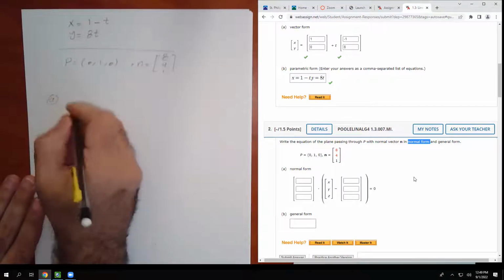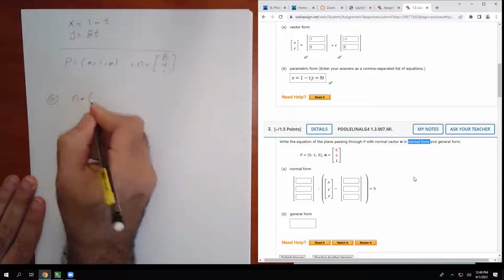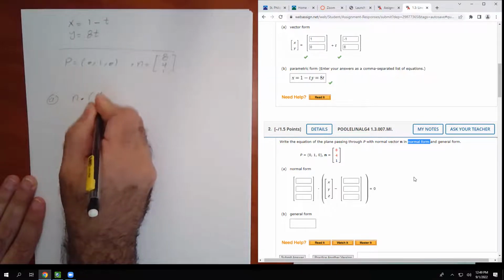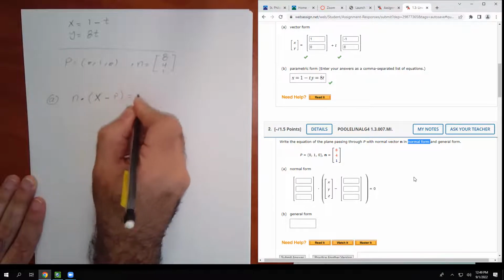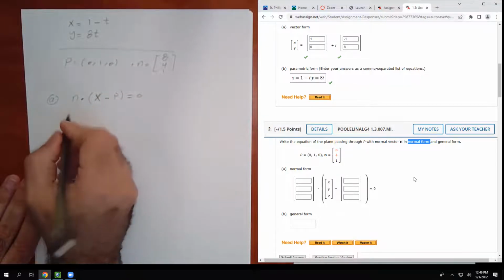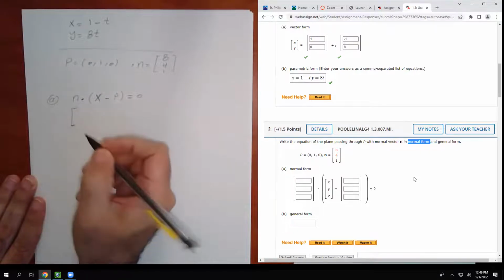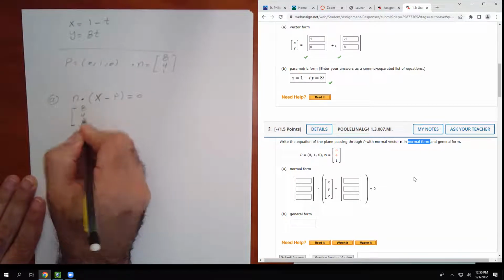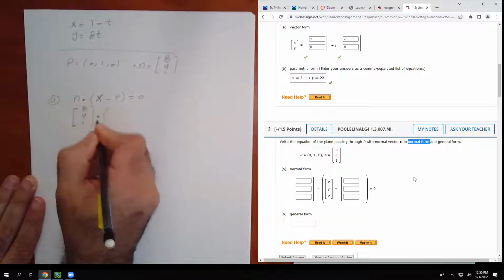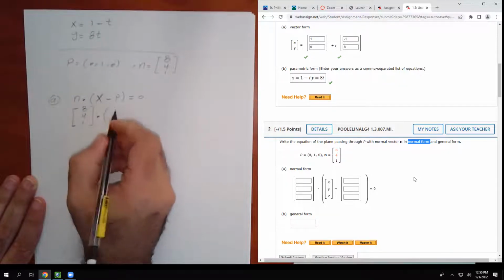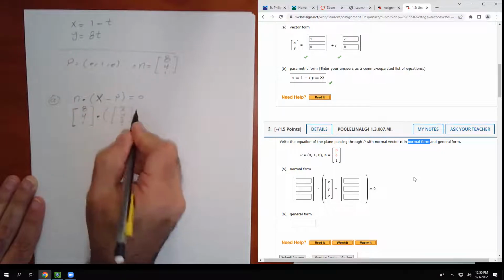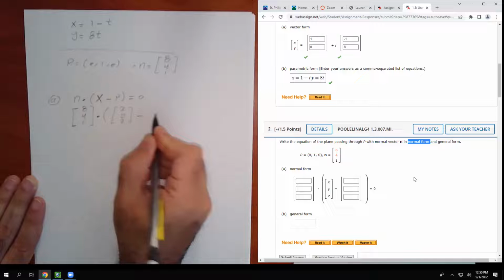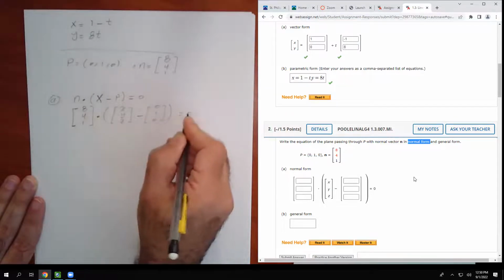So which formula are we going to write down? The normal form, which we can say is N dot the vector X minus P equals 0. N, which is the normal vector, is 8, 4, 1, dot X as a vector, which has 3 coordinates, X, Y, Z, minus the point P, which is 0, 1, 0, equals 0.